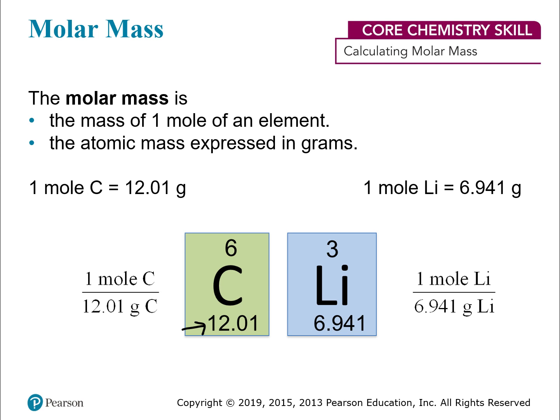That means 1 mole of carbon has a molar mass of 12.01 grams. Whenever you see something with an equal sign like this, it's an equality. And where there's an equality, you can write a conversion factor.